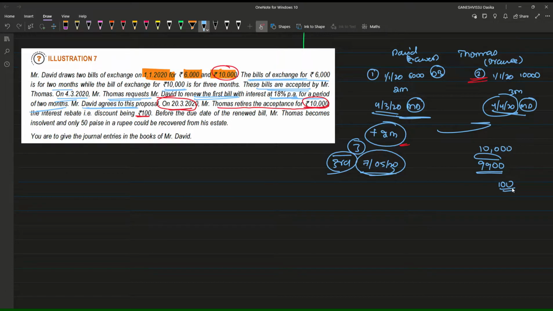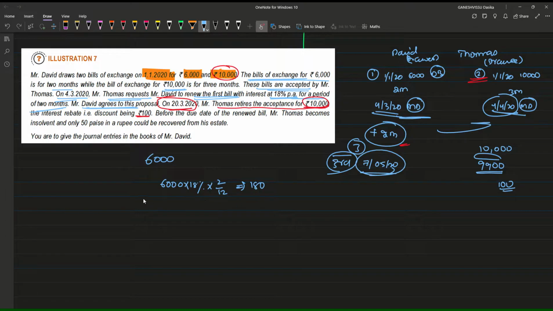First of all, let us know the amount of the third bill. What would be the third bill value? Original amount 6,000 rupees, and we add interest at 18% per annum for 2 months. So 6,000 into 18% into 2 divided by 12 is 180 rupees.